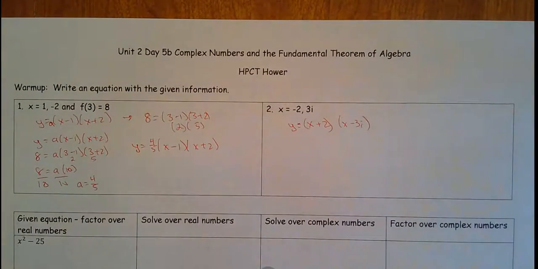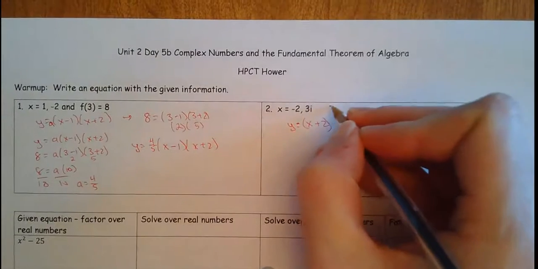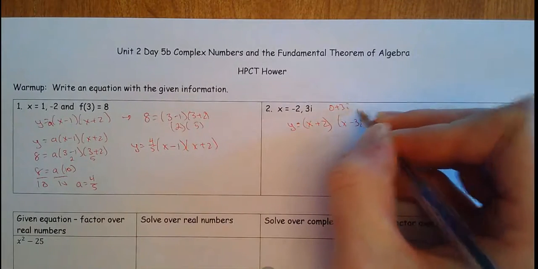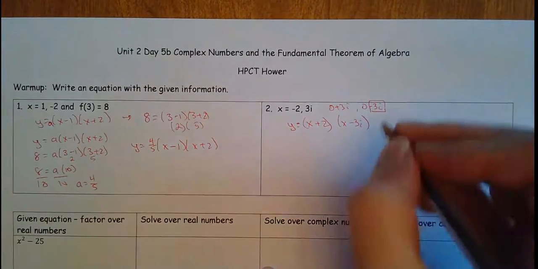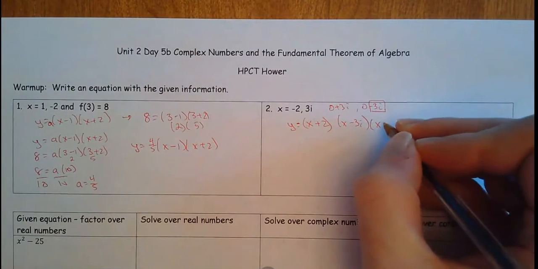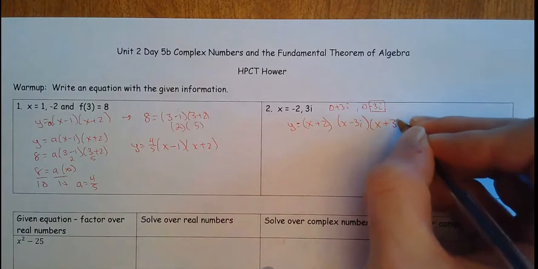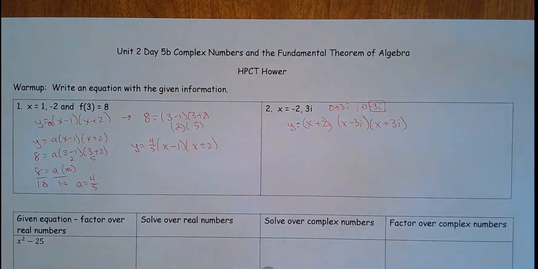Well, this is the same thing as 0 plus 3i. That means 0 minus 3i, or just negative 3i, is also a root. So I've got to go x minus negative 3i, which would be plus 3i. So there's my third root on that one.